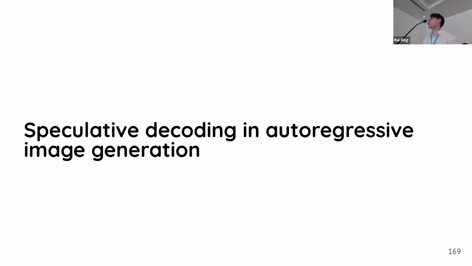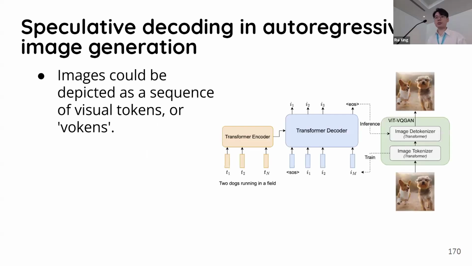And now let's move on to the application of speculative decoding in autoregressive image generation. Firstly, an image can be represented as a sequence of visual tokens. In the left figure, a typical image tokenization method of VQ-GAN, where a codebook is learned, and each entry in the codebook corresponds to a visual token.